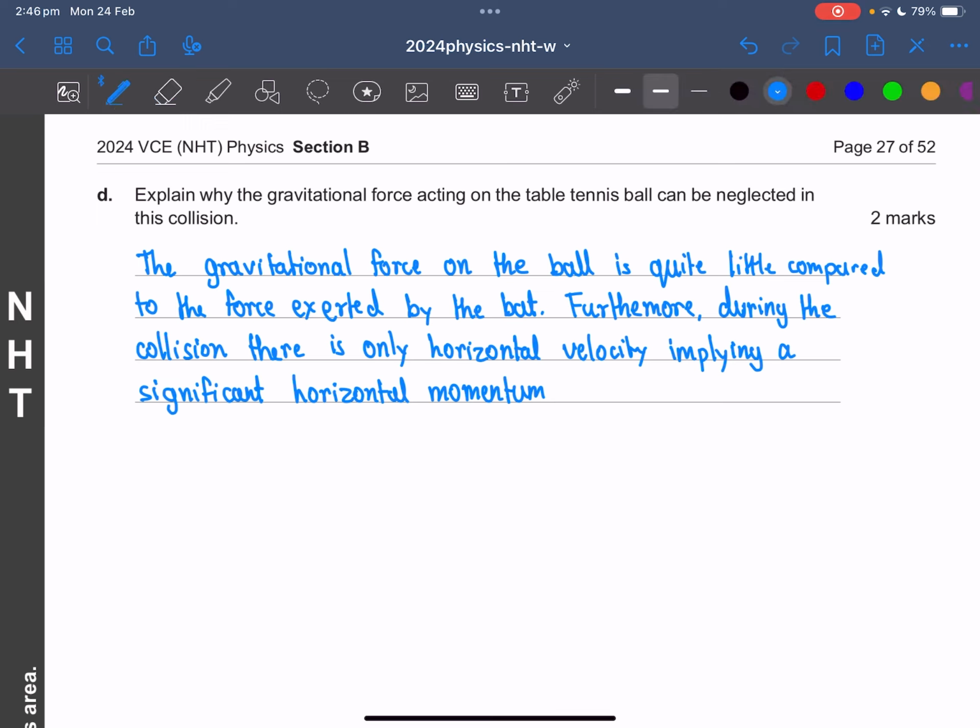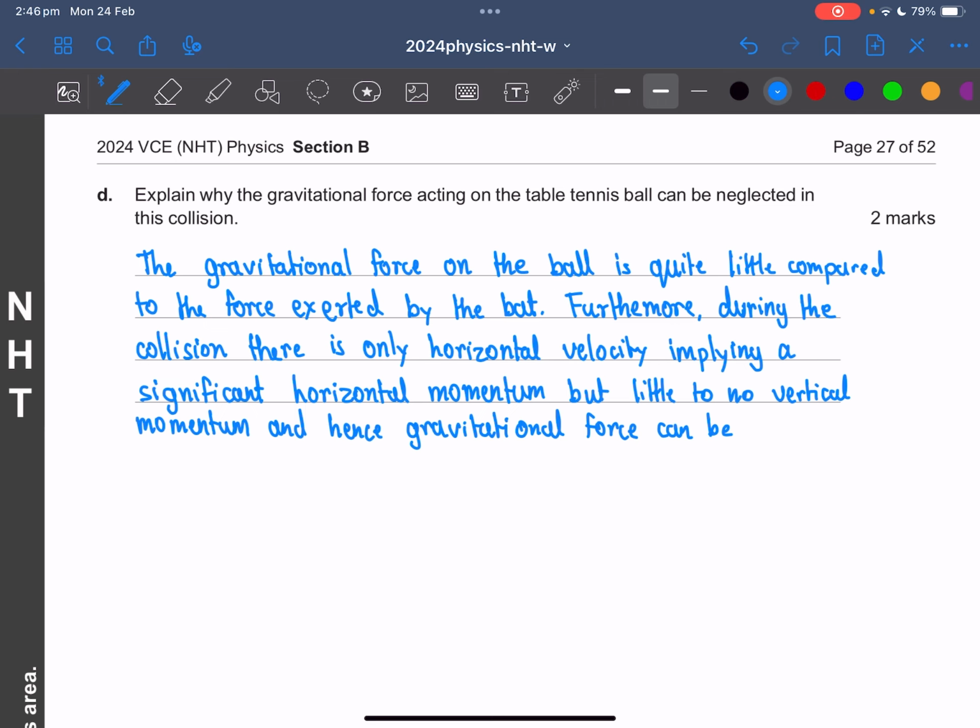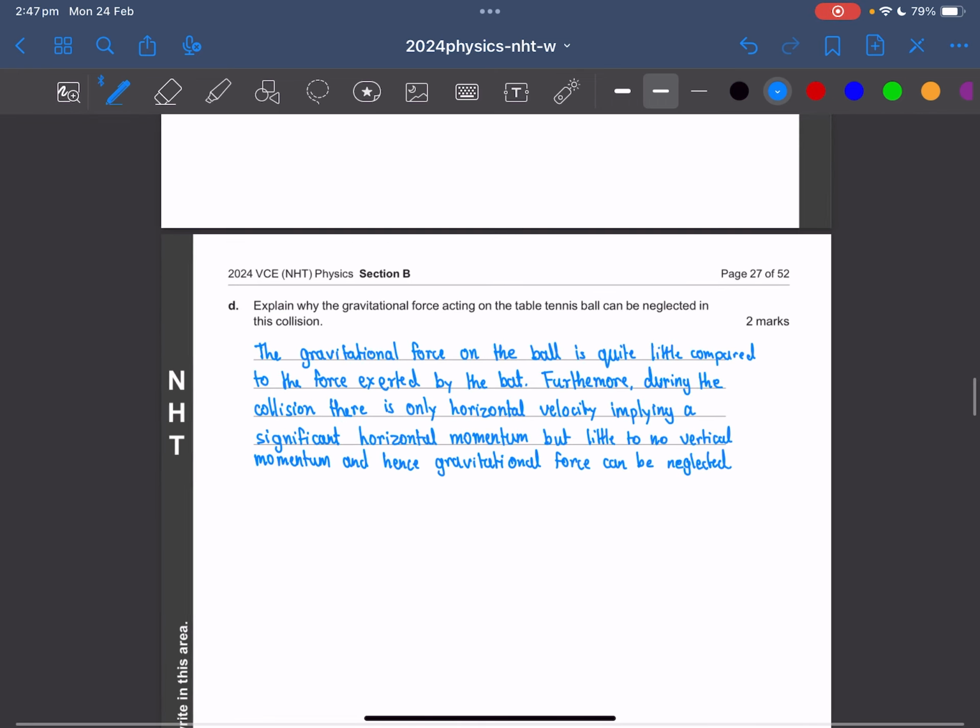So furthermore, during the collision, there is only horizontal velocity, implying a significant horizontal momentum, but little to no vertical momentum. And hence, gravitational force can be neglected. Okay.